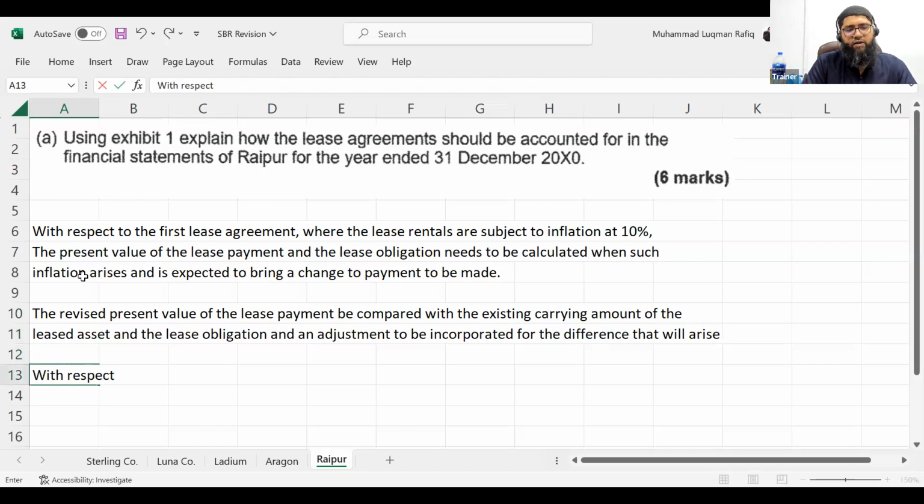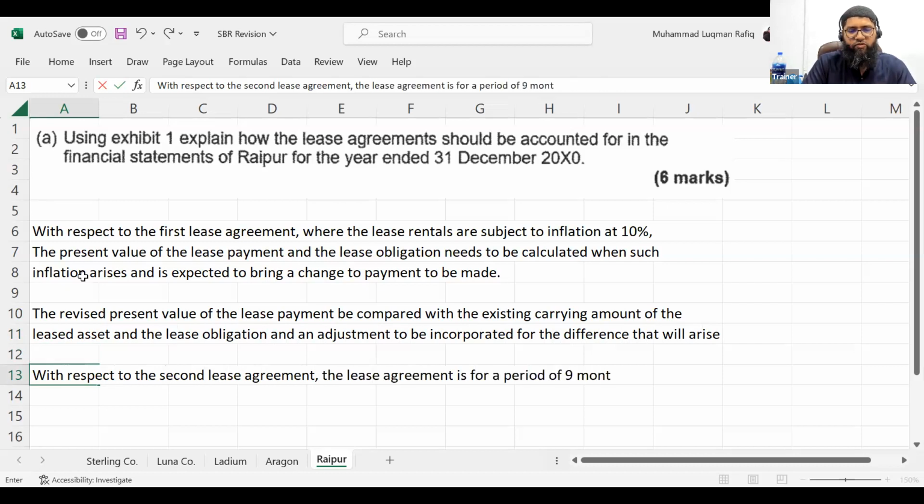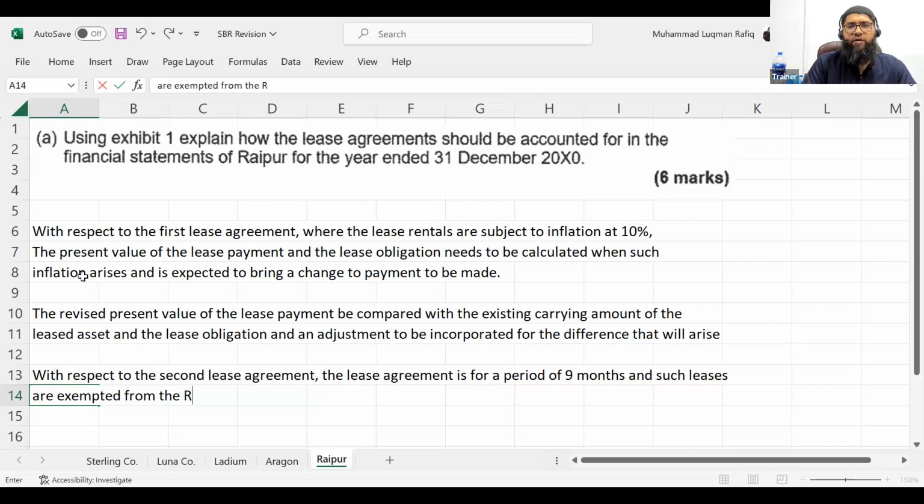With respect to the second lease agreement, the lease agreement is for a period of 9 months, and such leases are exempted from the right of use of asset accounting.